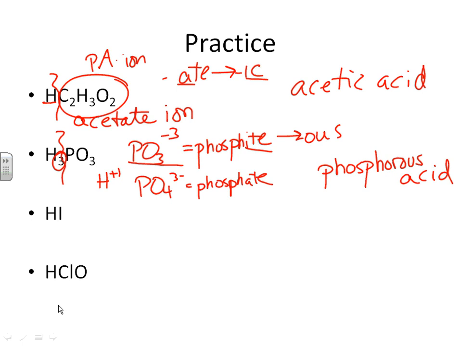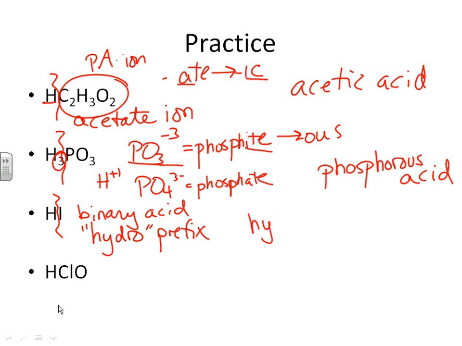Next up is HI. Two parts of this, H plus and I minus. This is a binary acid. This does not have a polyatomic ion in it. When we name binary acids, we use the hydro prefix. That's one of the ways we indicate that we have a binary acid. So this is going to be hydro, meaning binary.